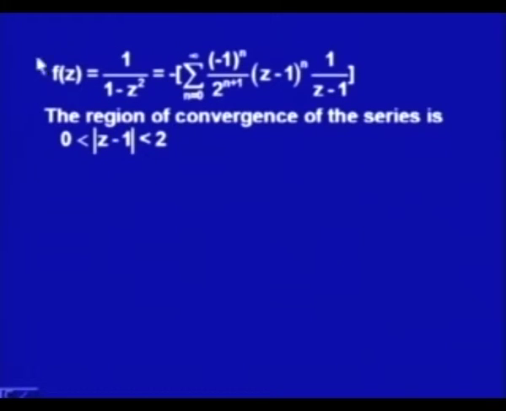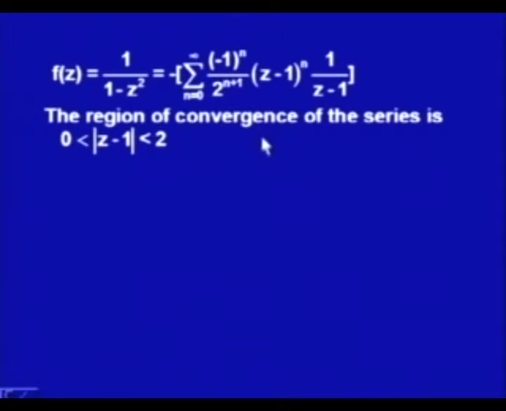This gives me the f z representation of 1 upon 1 minus z square as minus summation n is equal to 0 to infinity minus 1 raised to power n, 2 raised to power n plus 1 in the denominator, and z minus 1 raised to power n multiplied by 1 upon z minus 1. So, this is in powers of z minus 1.